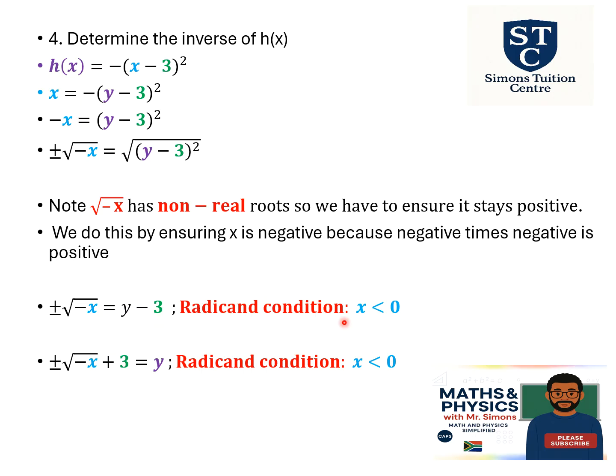My radicand condition for under the bracket, x must be less than 0, because a negative times that negative will become positive. Take minus 3 over, it becomes plus 3. So that gives me plus minus square root negative x plus 3 equal y. My radicand condition, x less or equal to 0.